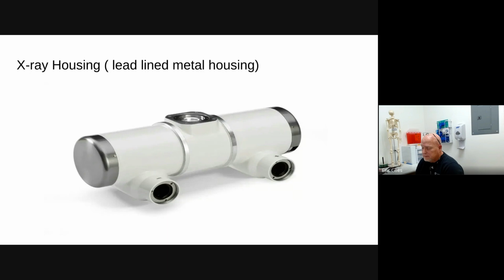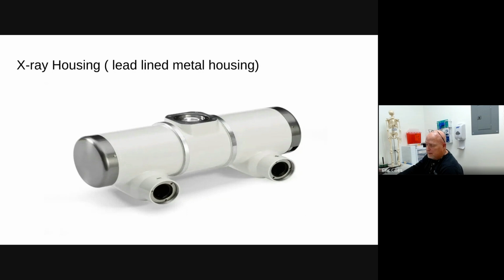So it needs to have a way to protect us from those radiation waves. So that's the X-ray tube right there. Okay, you can see where the electric goes in here. This is negative. This is positive. So we know that the negative is the cathode and the positive side is the anode.